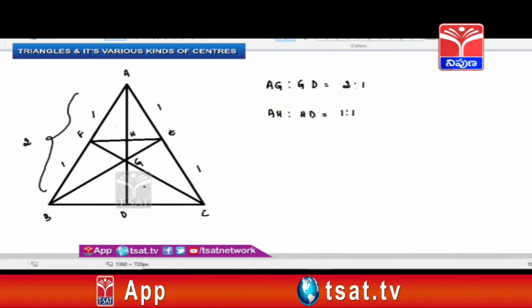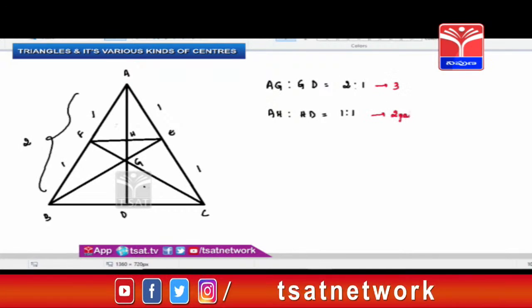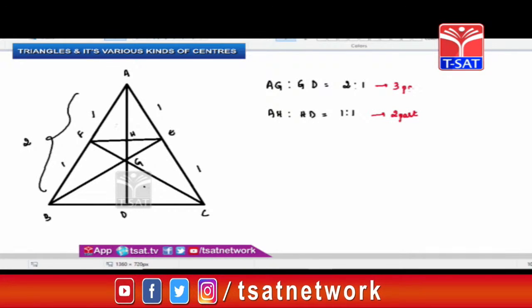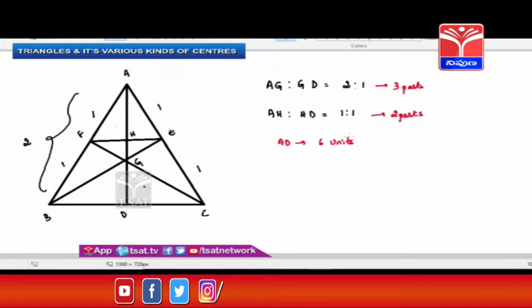So, totally how many parts are there? Here there are 3 parts, here there are 2 parts. So, take a value which is divisible by both 3 and 2. So, I am taking AD is equal to 6. AD is equal to, take it as 6 units. If AD is equal to 6 units, I am dividing AD in the ratio 2:1.